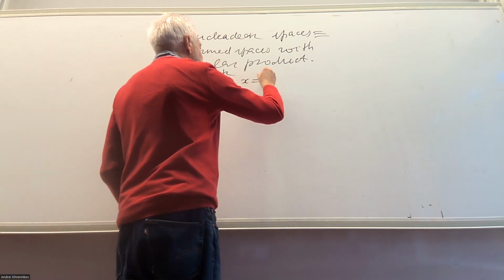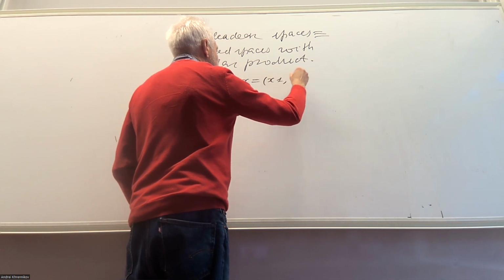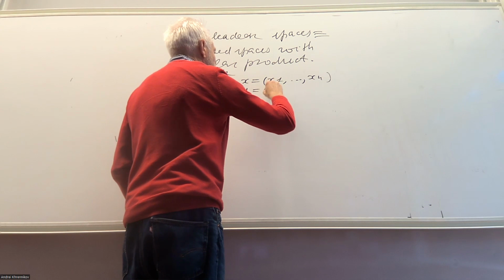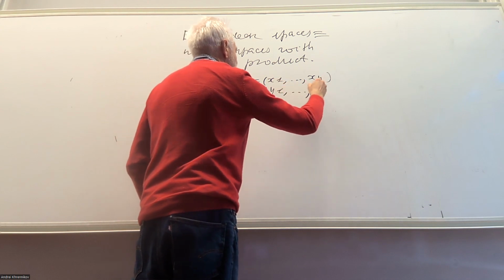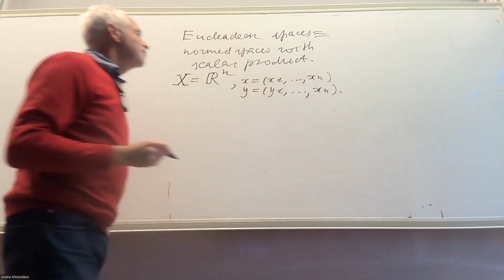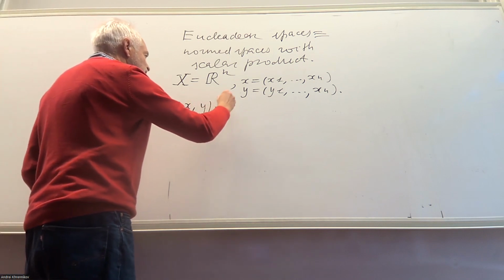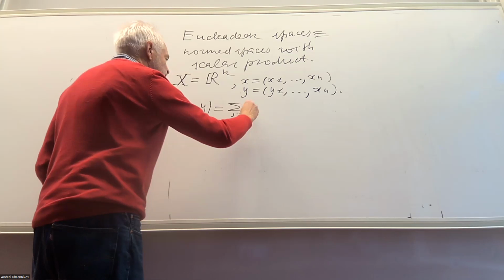Vectors have coordinates x_1, ..., x_n, y_1, ..., y_n. And the scalar product on this space is defined in this way.